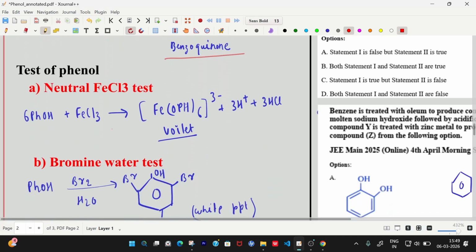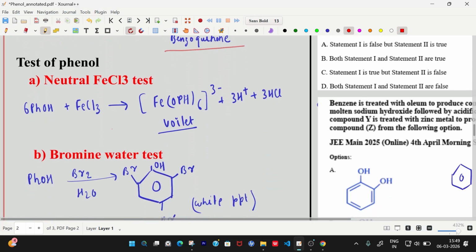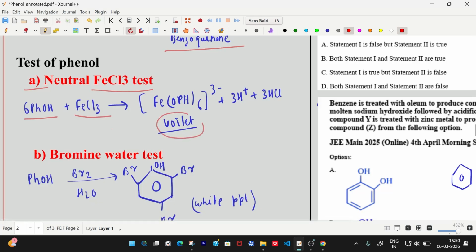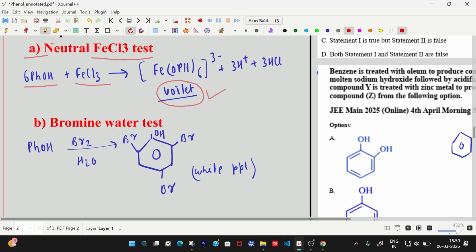Let's see some tests of phenol to confirm its presence. The first one is the neutral FeCl3 test. When phenol is passed through FeCl3, it forms the [Fe(OPh)6]3- ion, and this is a coordination compound which is violet in color, and this violet color confirms the presence of phenol.